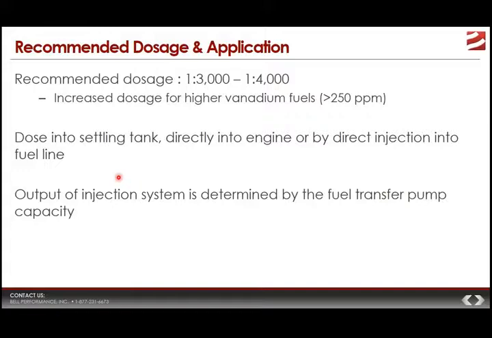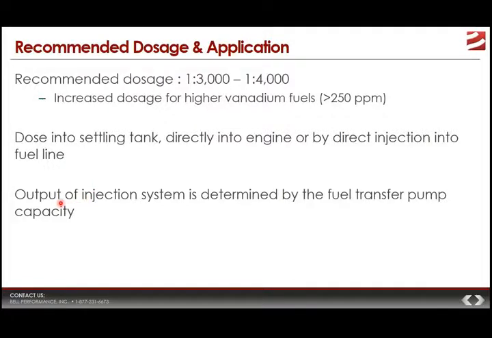Typically, ATX is dosed into the settling tank. Either that or it's done by direct injection into the fuel line. The optimal place to apply ATX is in the settling tank, because then it's present in there and able to pick up sludge and anything that's in that tank. But we've had other users who will use a metering system to inject it directly into the fuel line as the fuel moves towards the combustion chamber.